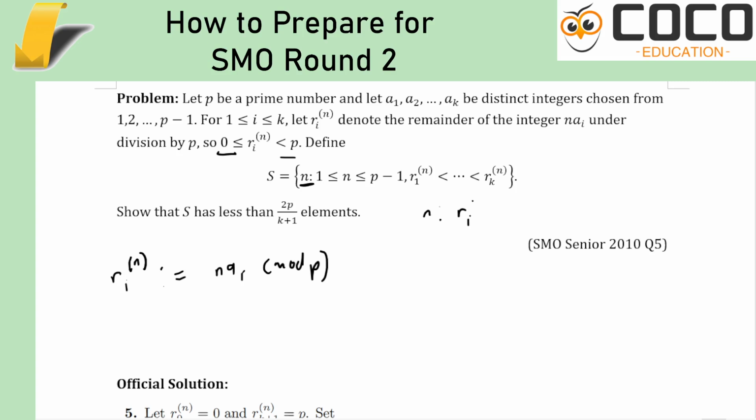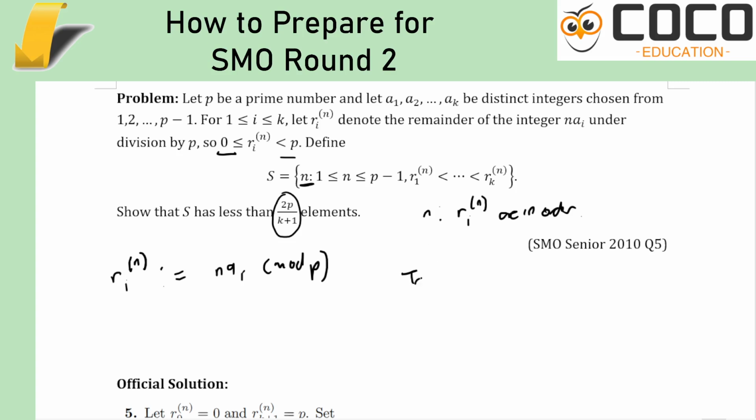So the ri(n)'s are in order, and show that S has less than 2p over k plus 1 elements. Now, this is the kind of question where you 100% would like to make sure you try a small case to just understand what's going on.